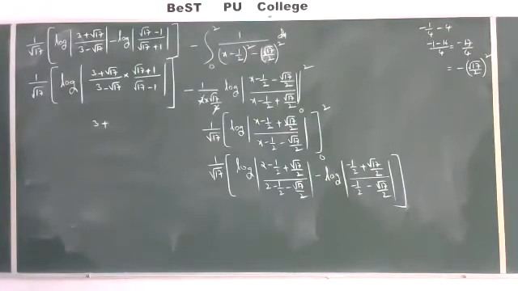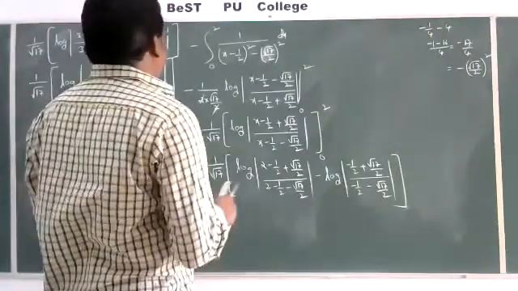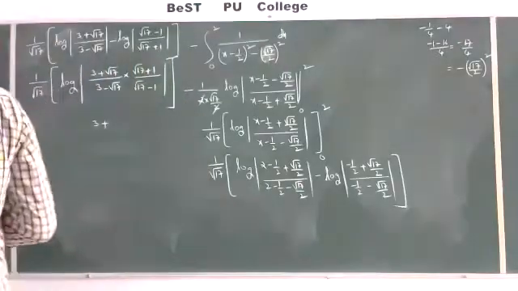Integral 1 by x square minus a square is, yes, log mod x minus a by x plus a. Yes, correct. Formula okay.